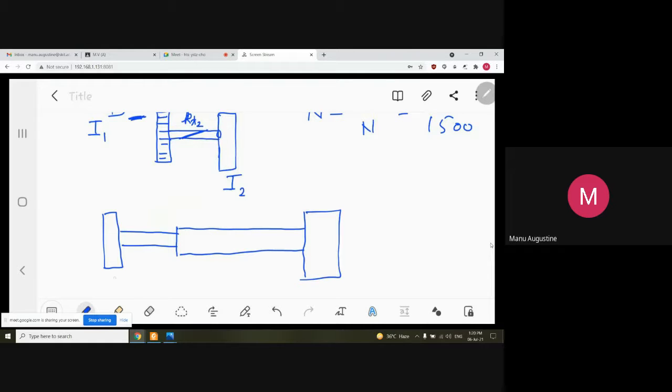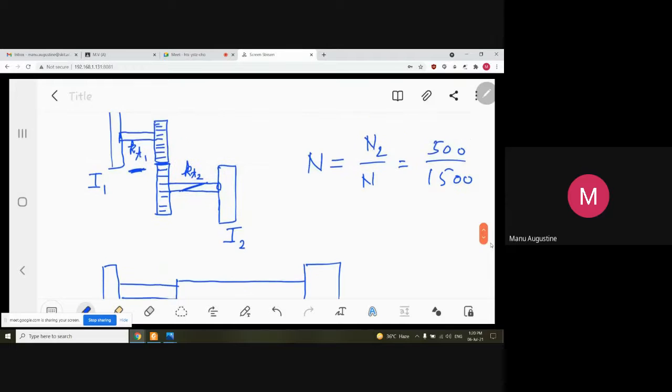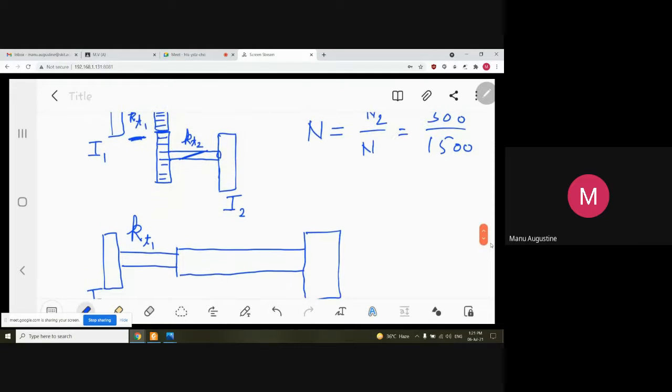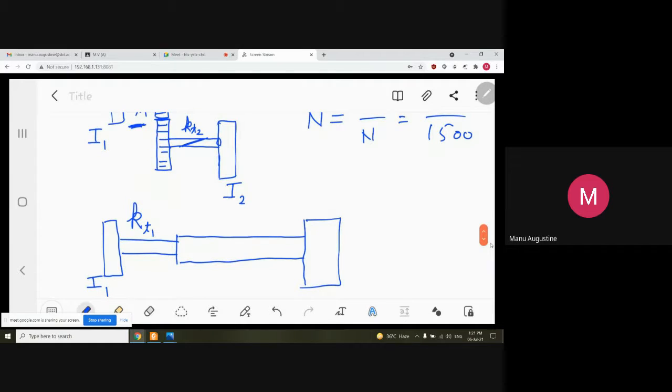On the driving side, the inertia is maintained as it is. On the driving side, the shaft stiffness is maintained as it is. On the driven side, you replace the shaft with a new shaft having a new stiffness n square KT2. On the driven side, you replace the rotor with a new inertia n square I2. This is what you do.